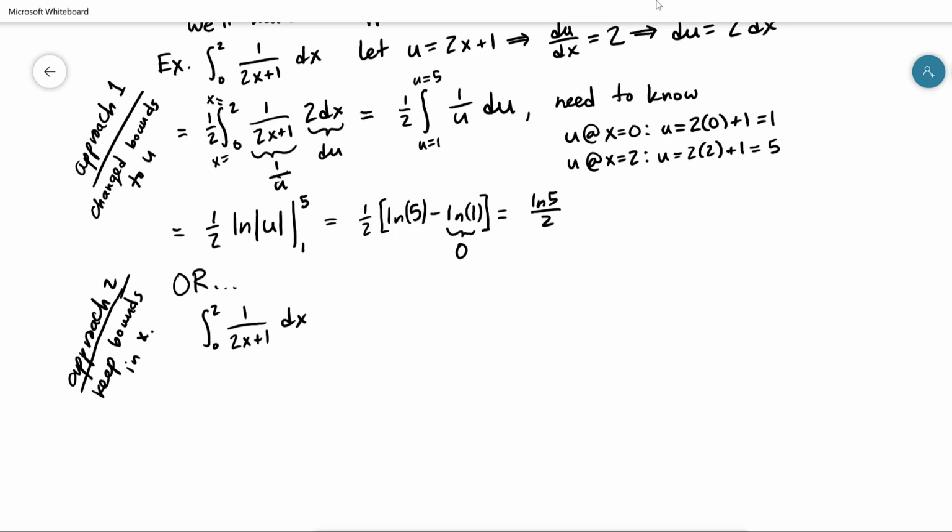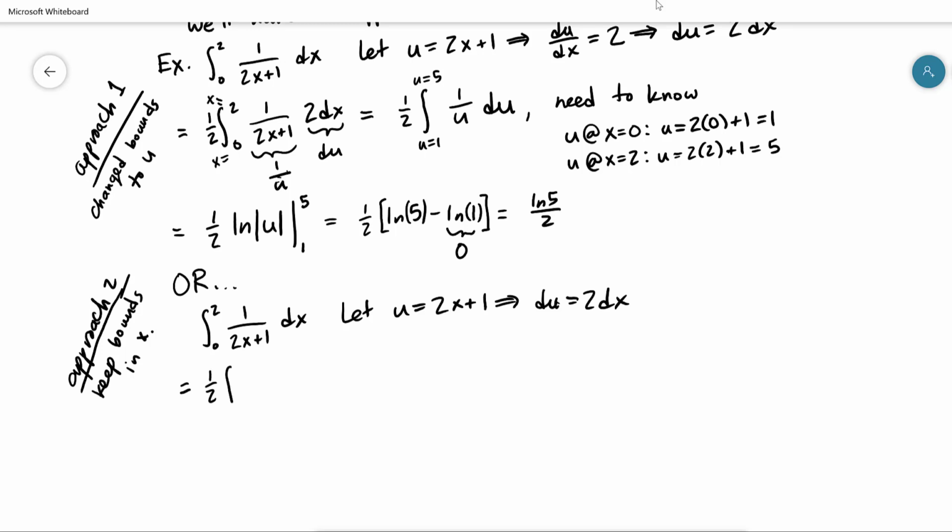Okay, so the beginning of this problem looks very similar. Let u be equal to 2x plus 1. We'll go through this whole process and we will get that du equals 2 dx, the same as before, and we'll pick up an extra factor of 1/2 out here.